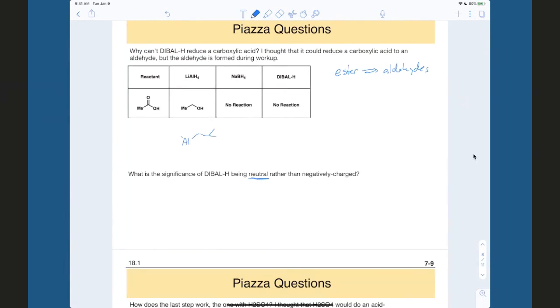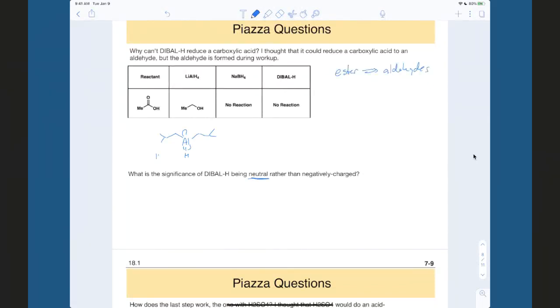We have the molecule DIBAL. In addition to it just being neutral, it's really a Lewis acid, right? Because we have this empty p orbital. And so before it can do a reduction, it needs to coordinate to some sort of either nitrile or carbonyl group first.